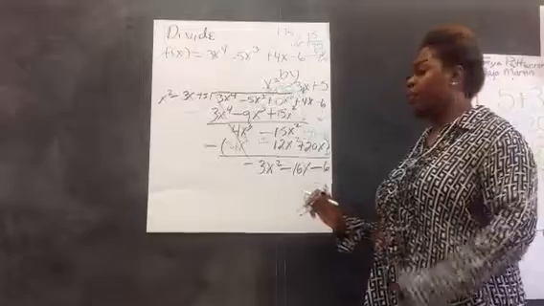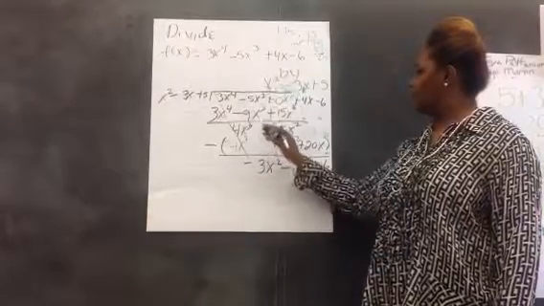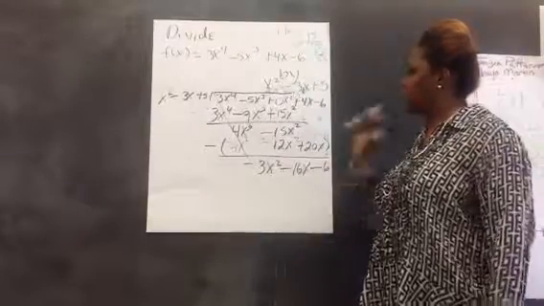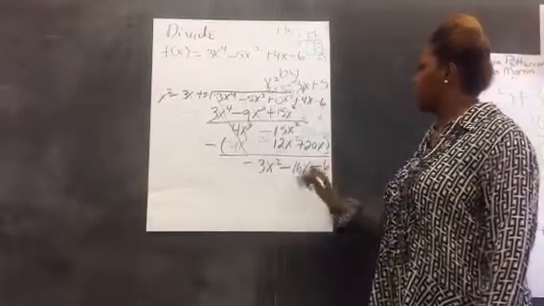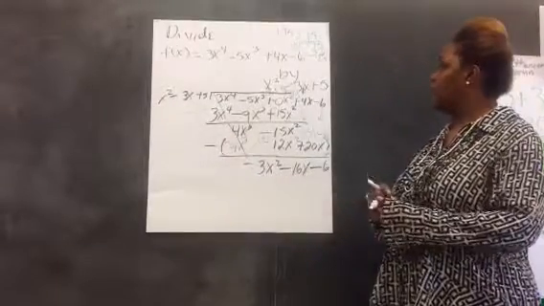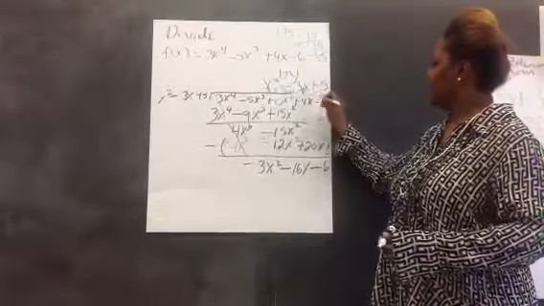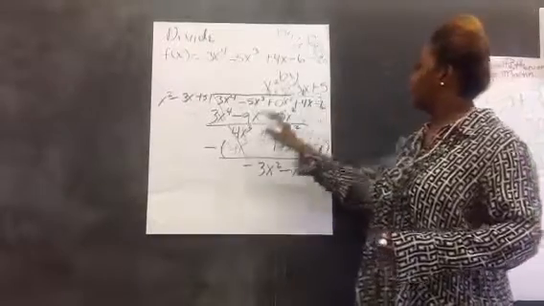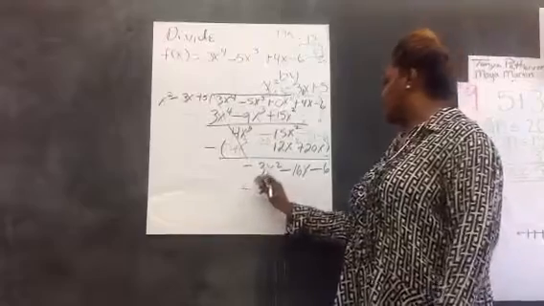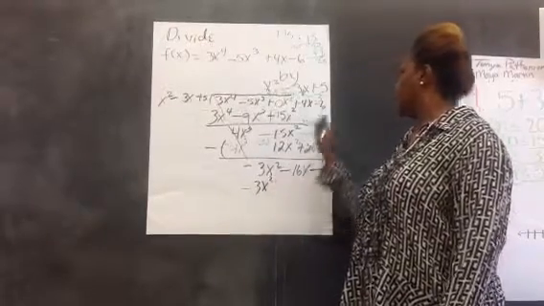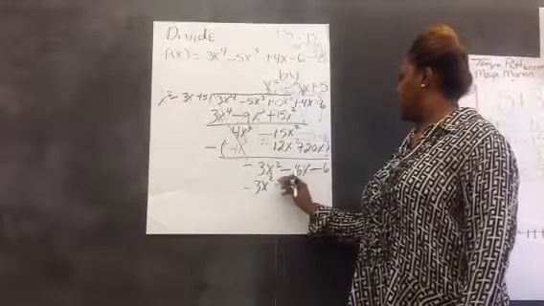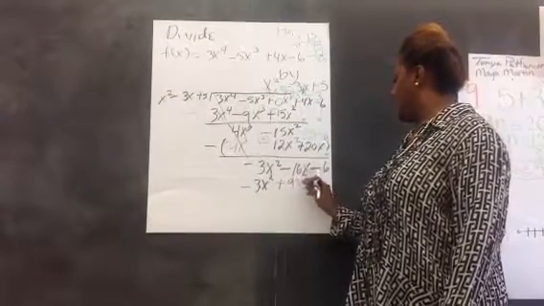Now, I missed a term, which is noted. All is okay. How many times does x squared go into a negative 3x squared? Well, I just need a negative 3 now. A negative 3 times x squared, I'll get a negative 3x squared. A negative 3 times a negative 3x here, we'll get a positive 9x.